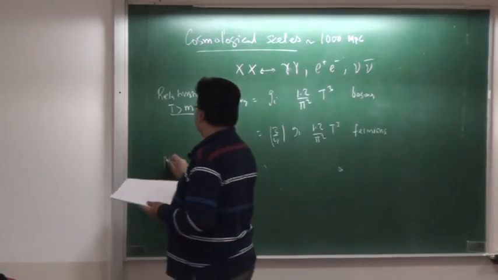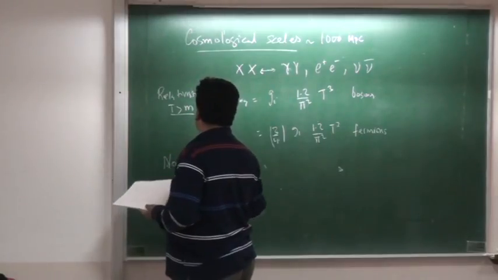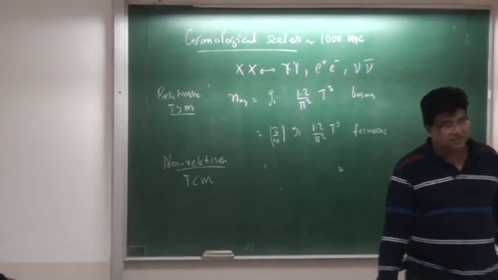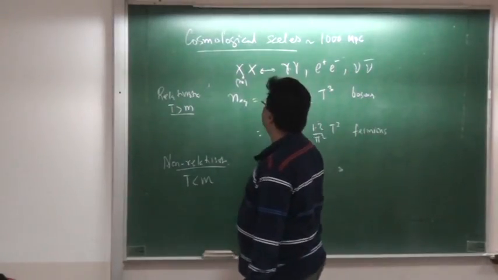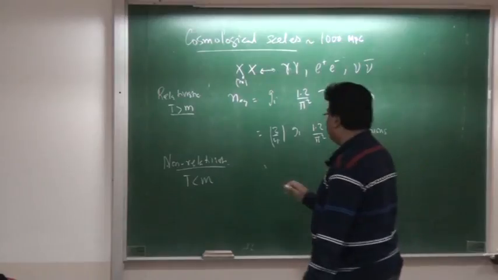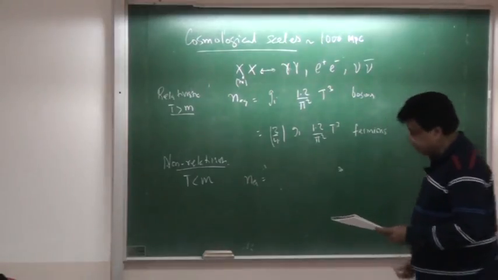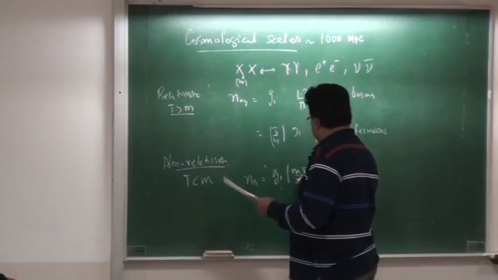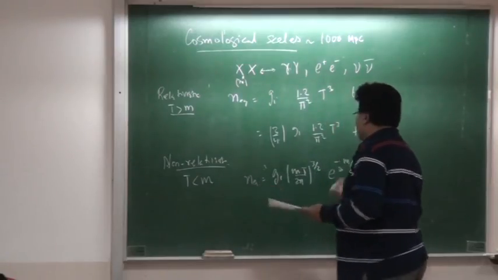If the particles are non-relativistic, that is, at some point the temperature goes below the mass of this particle, so this M is the mass of the particle we are discussing, then the number distribution, which is at thermal equilibrium, is now that's called the Boltzmann distribution.